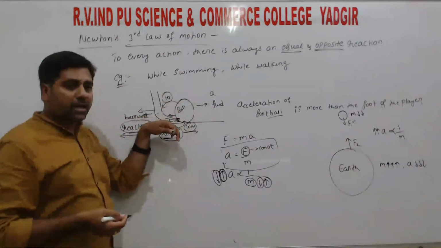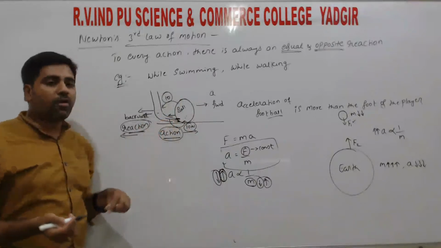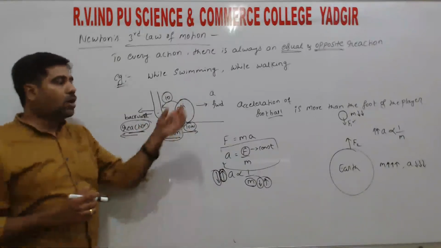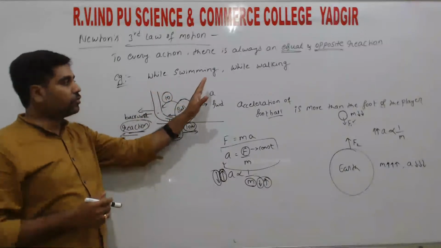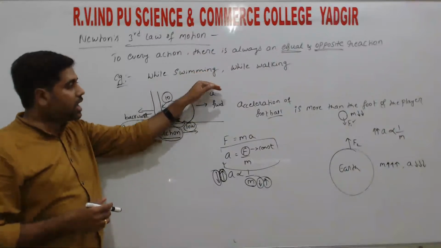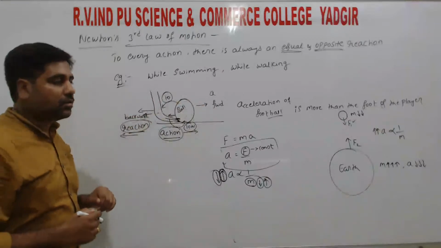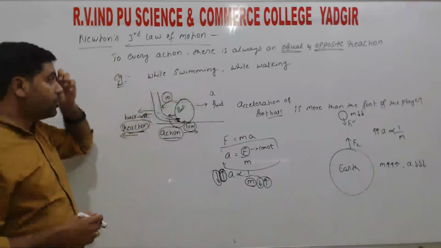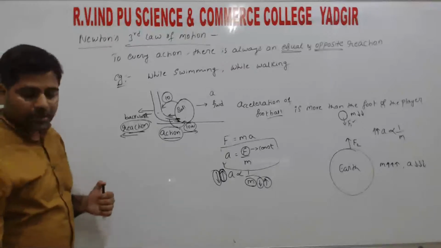So pushing the water backward is the action. In the same way, water acts a force onto the swimmer and it pushes the swimmer in the forward direction. So the swimmer moves in the forward direction, that is the reaction, and he pushes the water backward, that is the action, right? So these are a few examples on the law of motion, right?